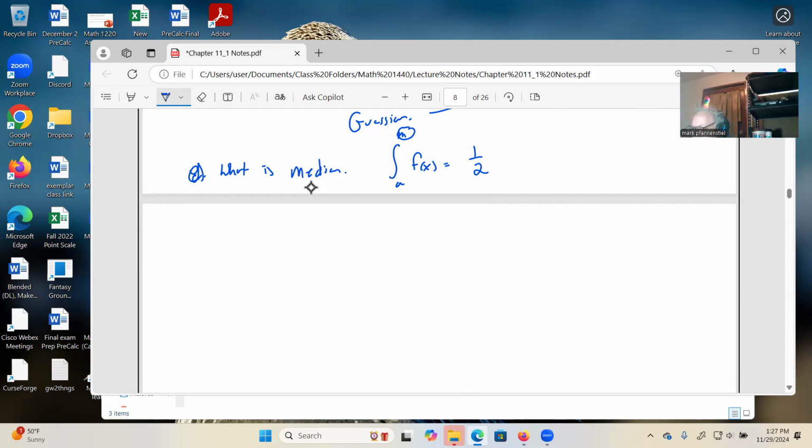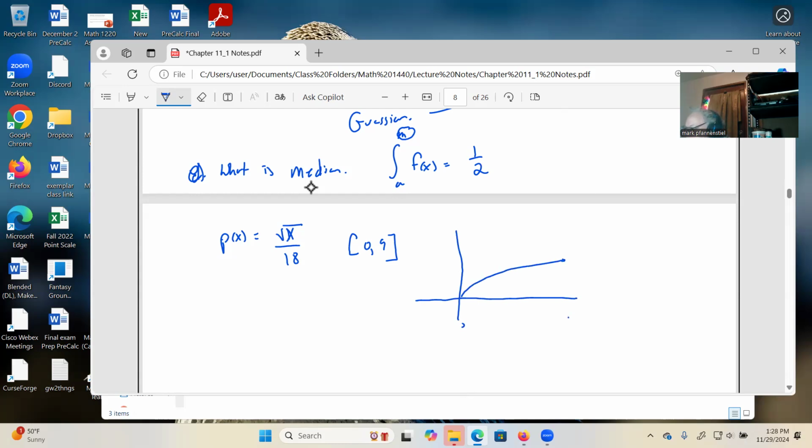The function that we have here is the square root of x over 18 on the interval between 0 and 9. So we know what the square root of x looks like as a function, something like this, between 0 and 9. 1/18th just pushes it down a little bit.